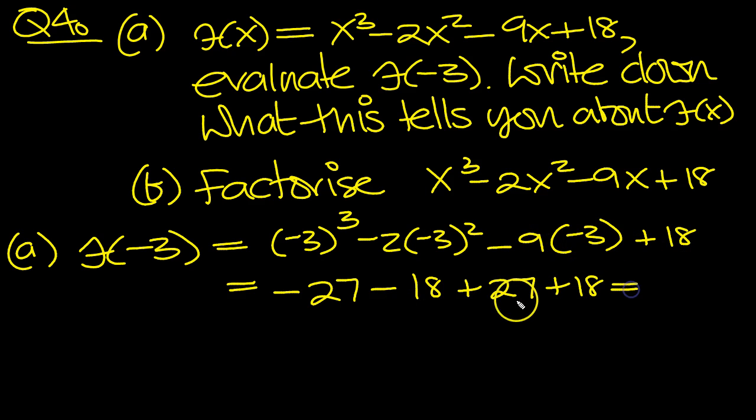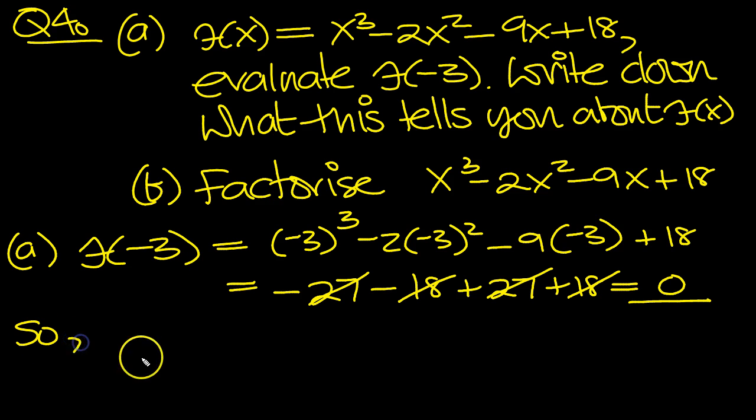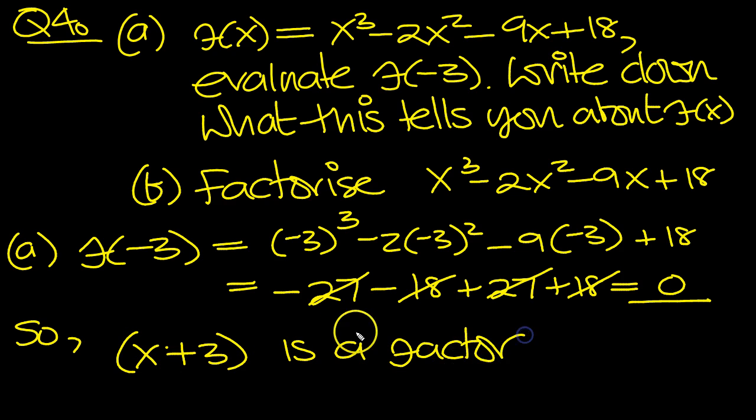So this cancels with this, cancels with this, so it equals 0. What does this tell you about f of x? So x minus minus 3, so x plus 3, is a factor. That's what it tells us by the factor theorem.